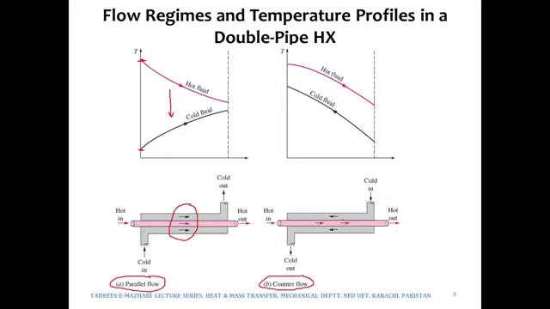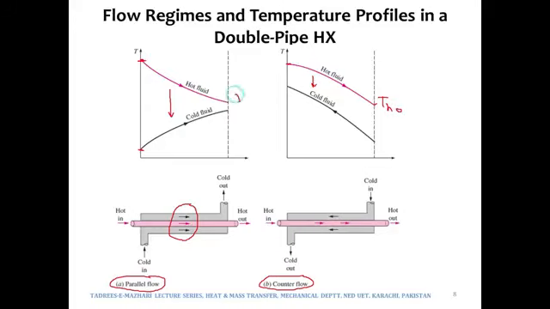Now when we talk about the counterflow heat exchanger, the hot fluid enters at the highest temperature, we may call it T_H,in, and then it gives away energy to the cold fluid, as a result of which the temperature of the cold fluid goes up, and the temperature of the hot fluid will go down.